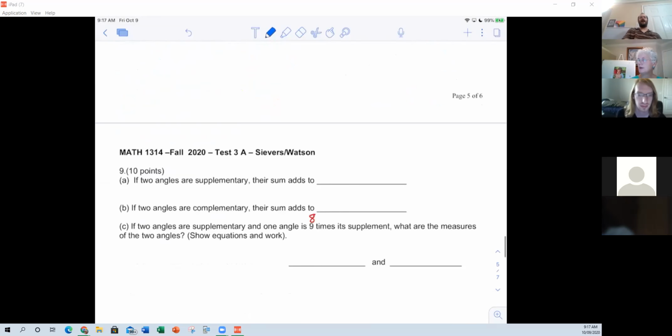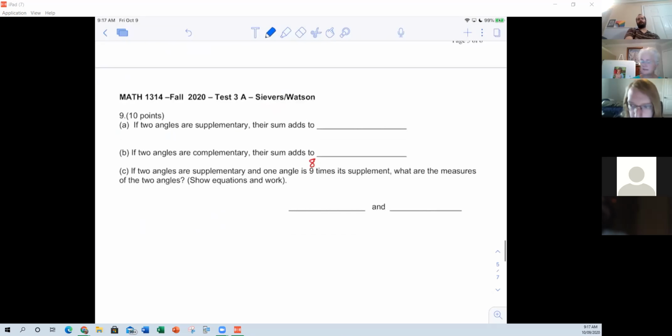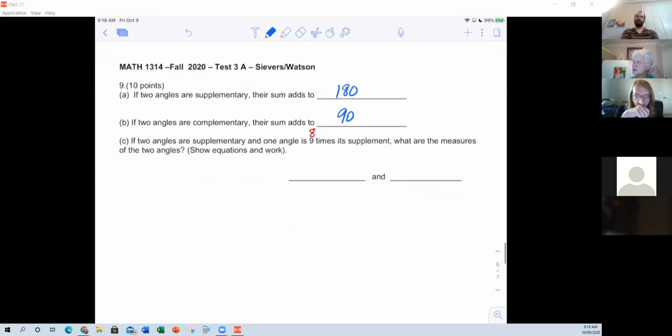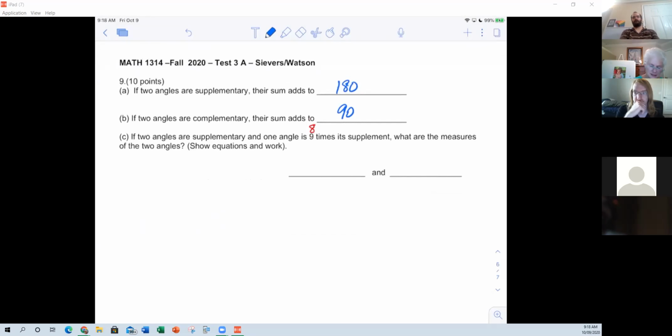Okay, and then if two angles are supplementary, their sums add to 180. Two angles are complementary, their sums add to 90. And a lot of y'all missed this one. If two angles are supplementary, that means that x plus y equals 180 has to be one of the equations. And then I'm going to use this one, 9 times its supplement.